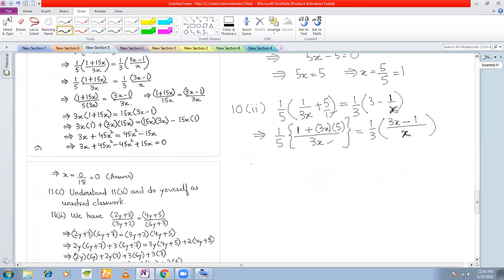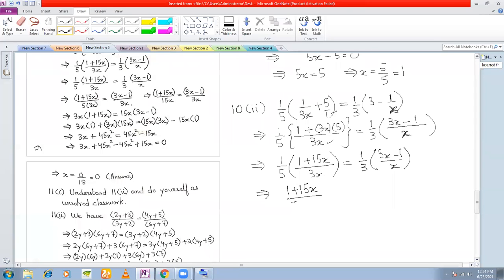Next, simplify this. 1 divided by 5 into (1 + 15x) divided by 3x is equal to 1/3 (3x − 1)/x. Now in the next step, 1 + 15x you have.